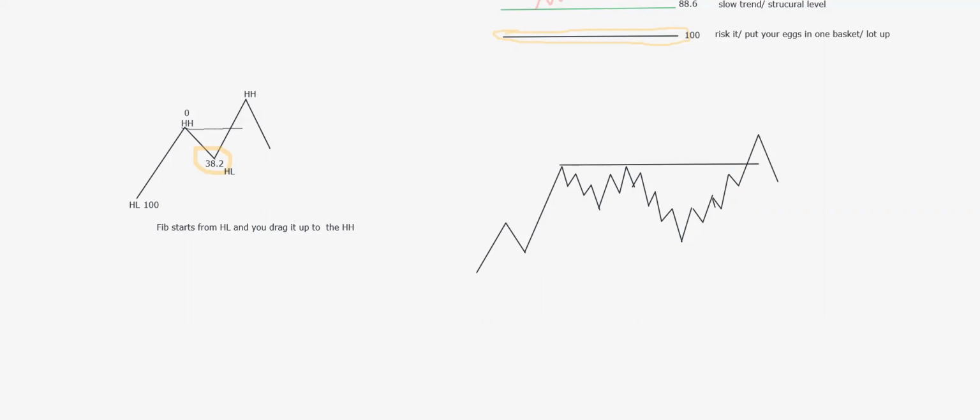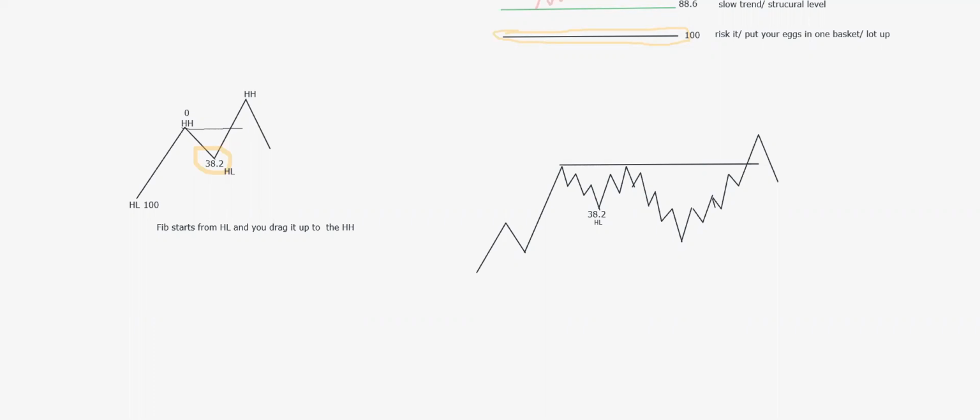Right? Where price created 38.2 here, which will technically be a high low. Right?